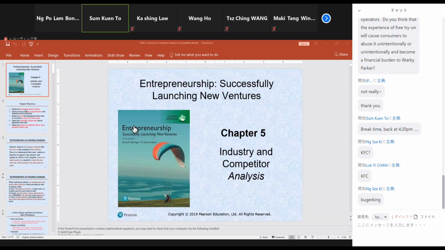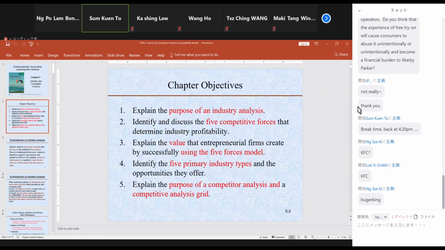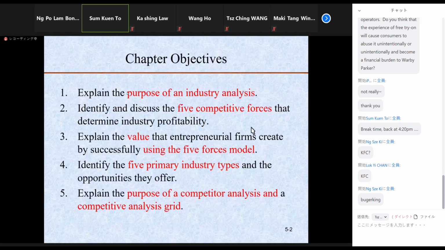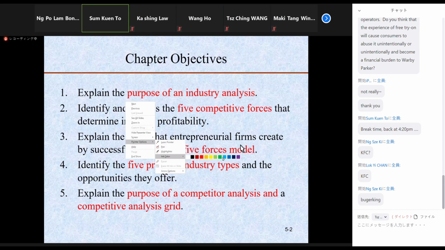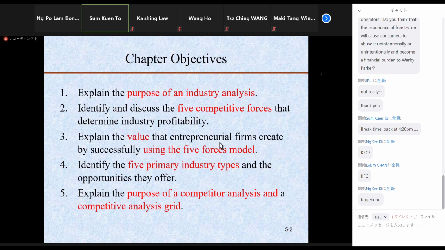Let me recall what we covered so that we can move on. In the last lecture, we covered the definition and the purpose of industry analysis. Okay, and then we have also covered BERNS here.